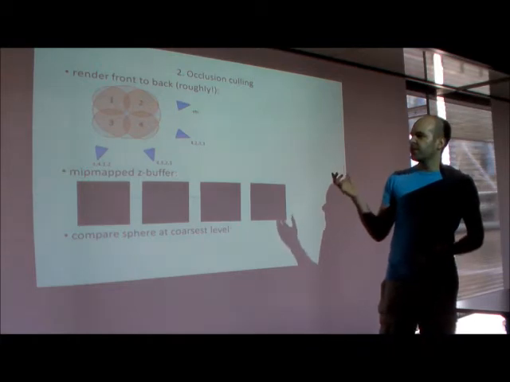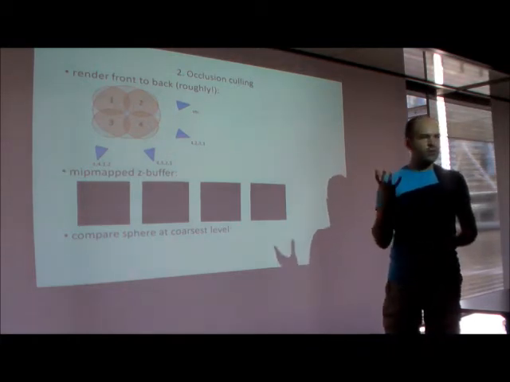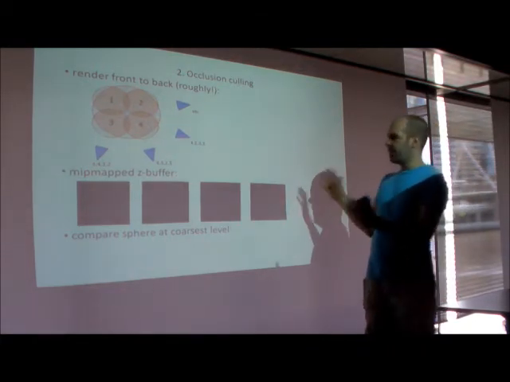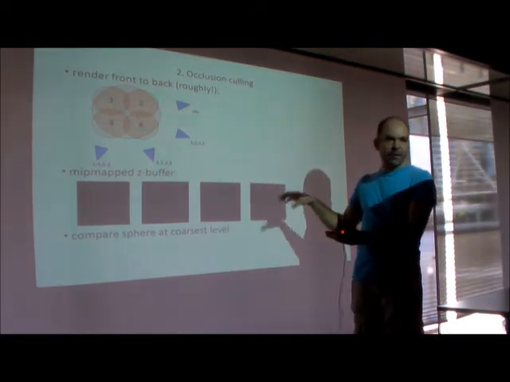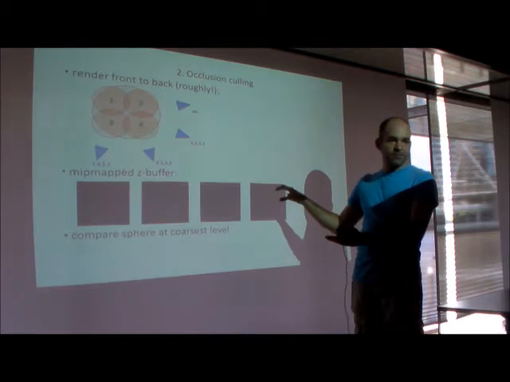Because we're rendering in a hierarchical way, we're starting with one big sphere and we're breaking it down into smaller spheres as we iterate to decide which pixels to render.